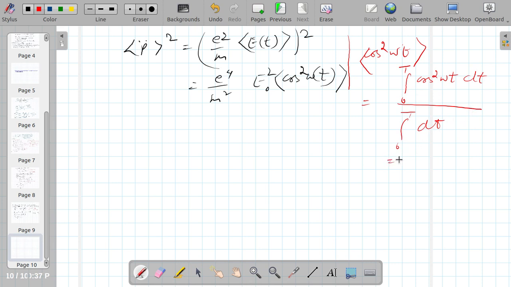Its value simply comes out to be 1 by 2. So this will become e to the power 4 over 2 m squared E naught squared. So this is its value.